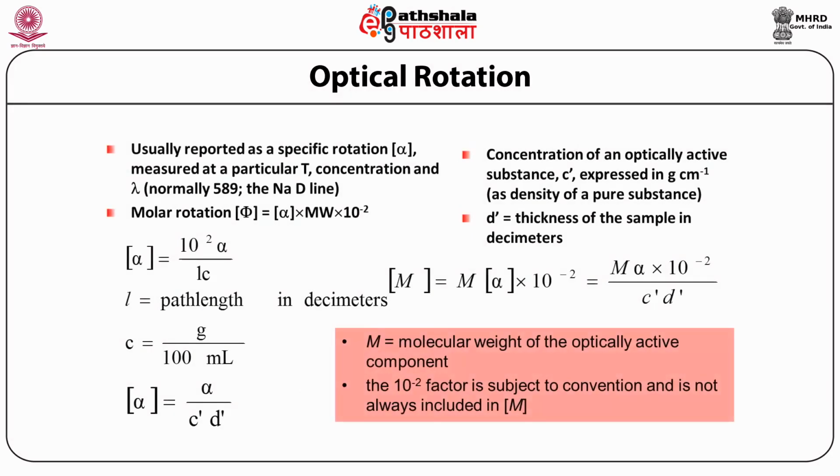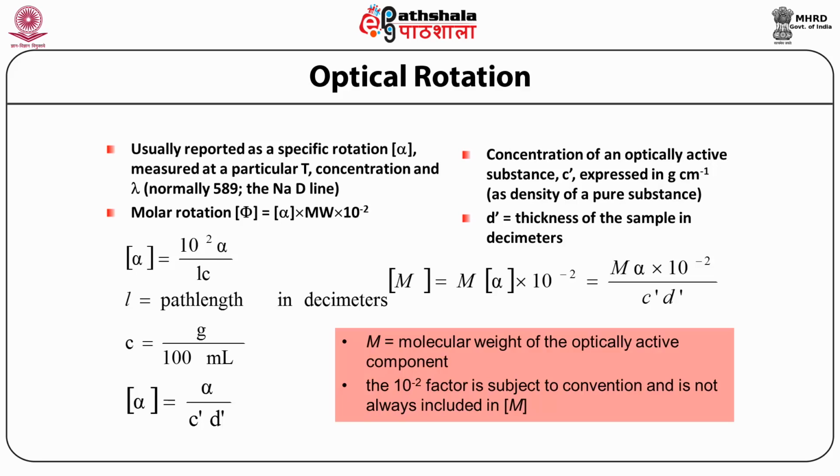We discuss the optical rotation. It is usually reported as a specific rotation alpha, which is measured at a particular temperature, concentration and wavelength, normally 589 nanometer. The molecular rotation phi is defined as alpha into M_w into 10 power minus 2, where alpha is 10 square alpha divided by LC, where C is in gram per 100 ml.